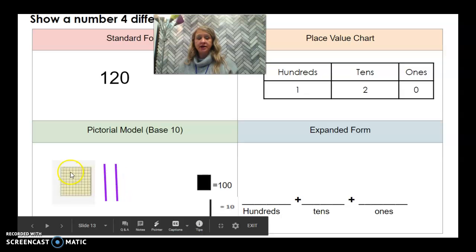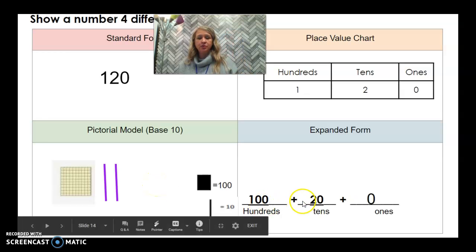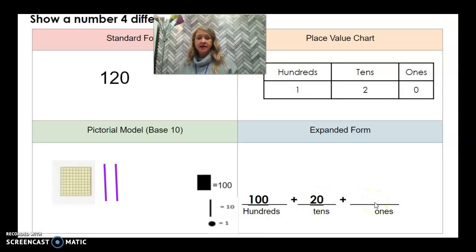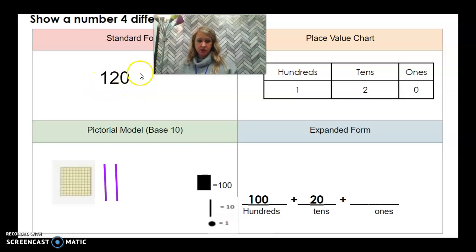So we have 100 plus 20, plus how many ones? 0, that's right. So we have 100 plus 20 plus 0. Now this 0 you can actually leave off because there's a 0 at the end of 20. When you write the number 120, you don't need to put another 0. You just write 100, 2 tens, 0 ones.